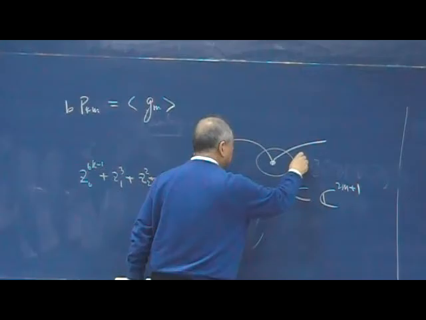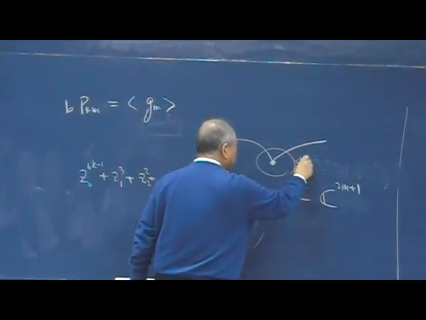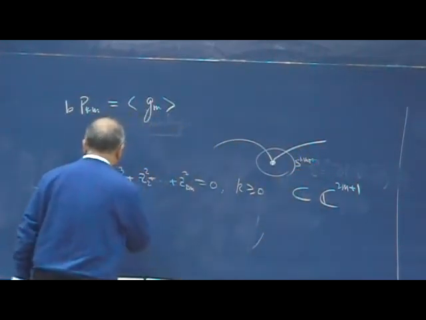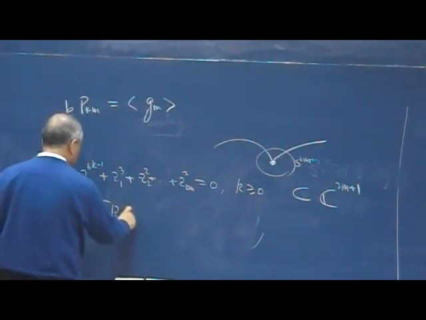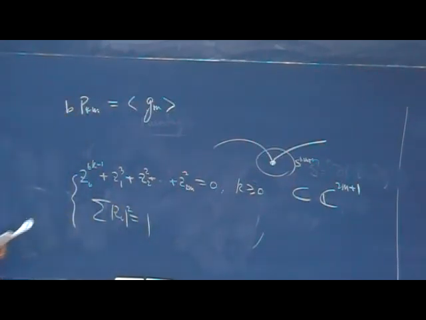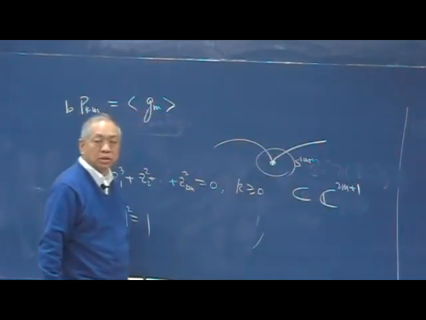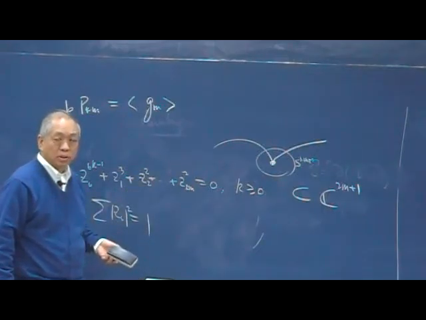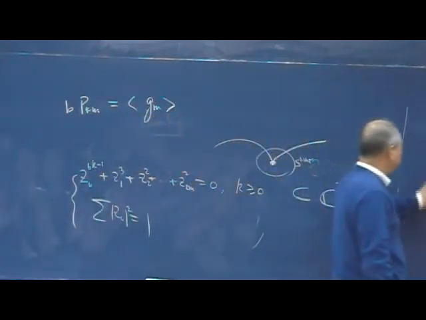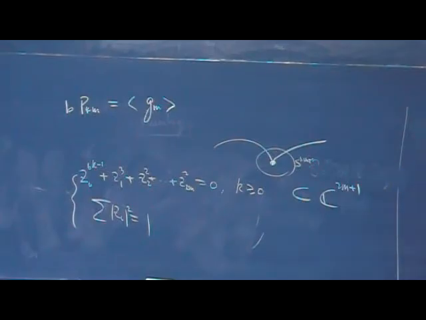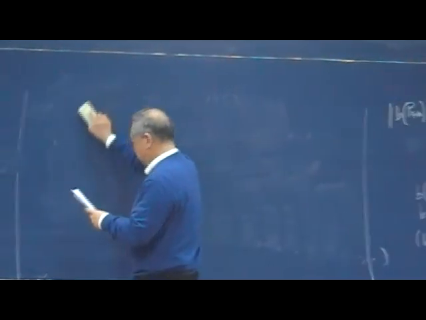So here's the sphere. So in other words, I take the intersection. So basically what I do is I take a sphere around the singularity of this hypersurface. And you get an odd-dimensional manifold. And this is a sphere, and that turns out to be an exotic sphere. Okay?